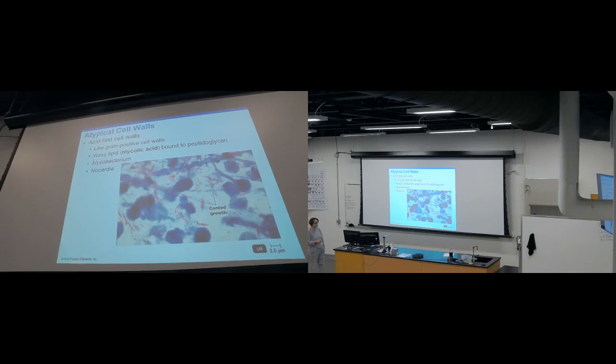Then we have another species of bacteria called Nocardia, which you also stain with this acid-fast technique, and they give you the same characteristics as the mycobacteria. They are acid-fast positive. Can you try to use gram staining?